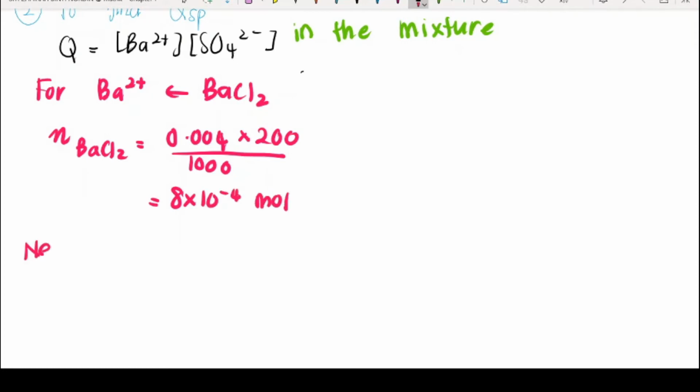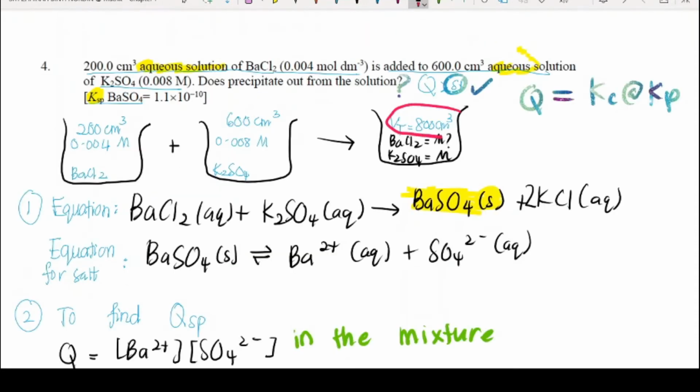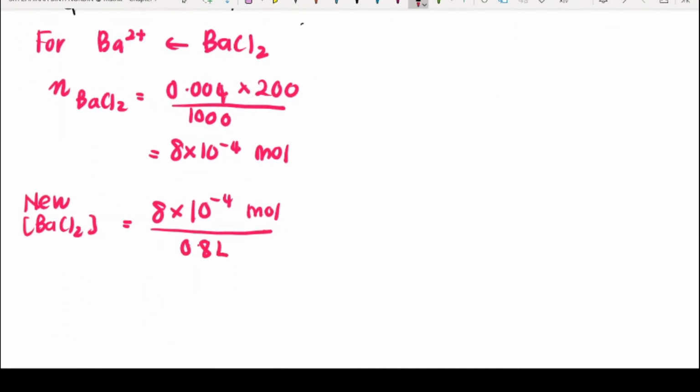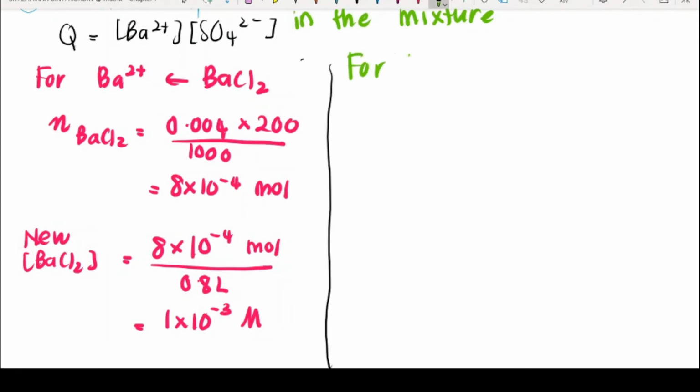So the new molarity of BaCl2, because we've got a new volume in the mixture, is the mole divided by the total volume, which is 800 cm³. So convert it to liters, so it becomes 0.8 liters. So the new molarity would be 1 times 10 to the power of minus 3. For SO4 2-, we know that it came from K2SO4.